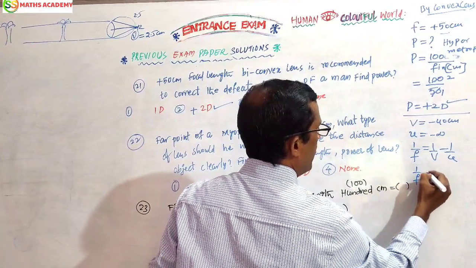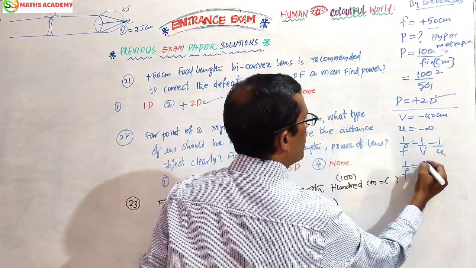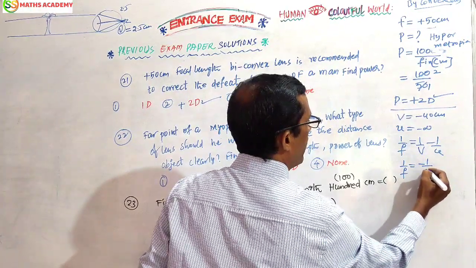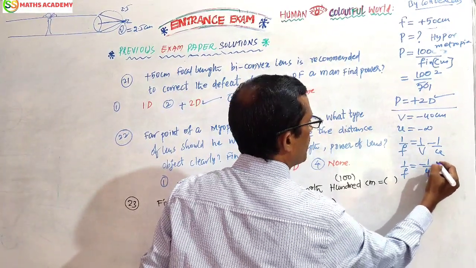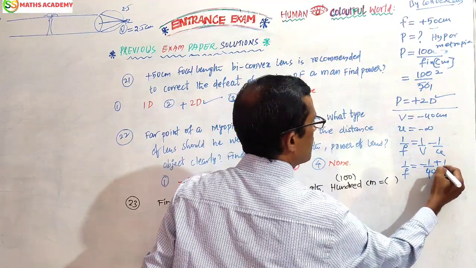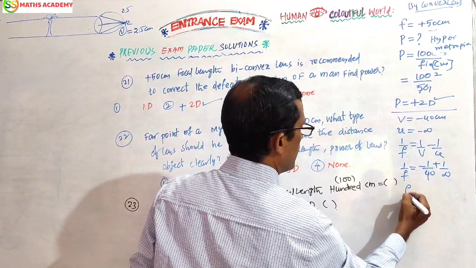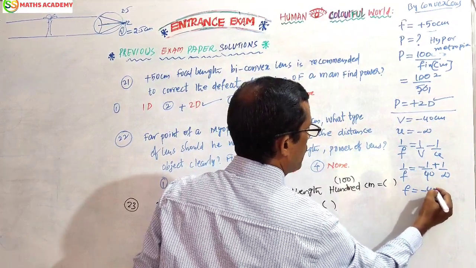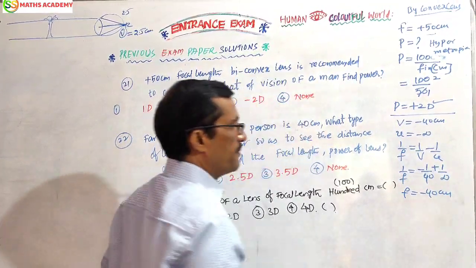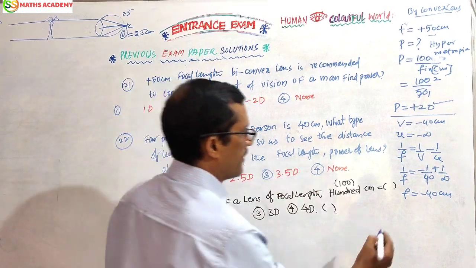So 1 by f equals minus 1 by 40 minus (minus 1 by infinity). So f equals minus 40 centimeters. Now we have to find the power.